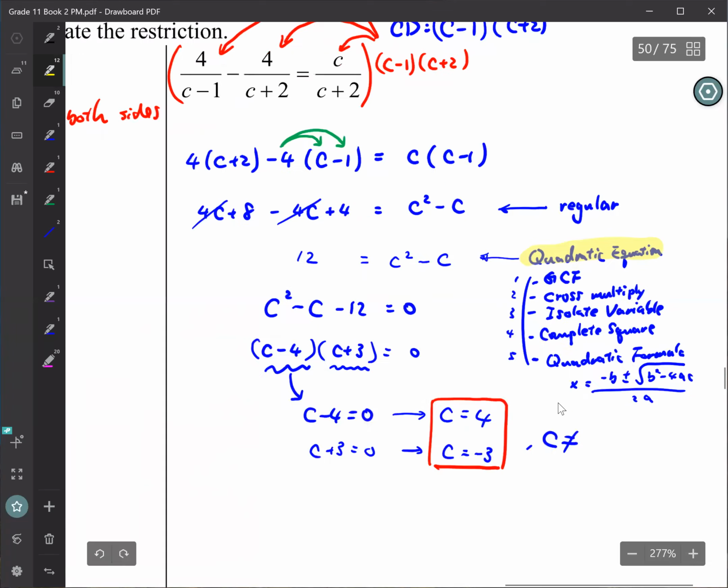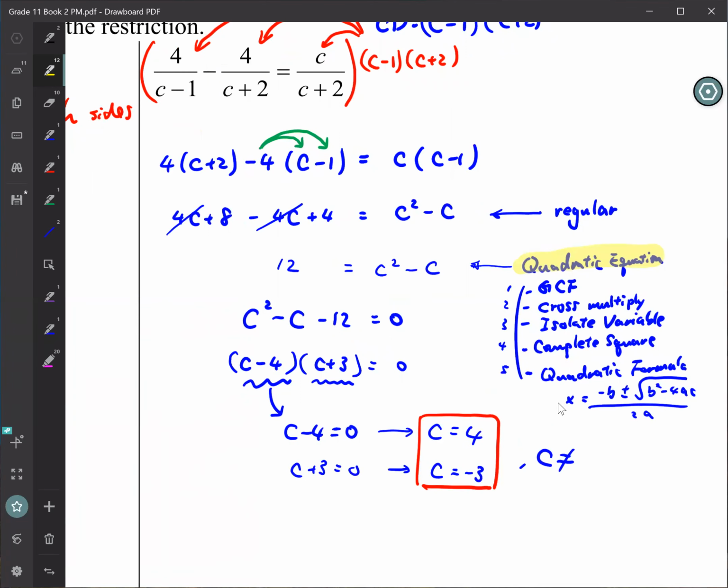Where did you get it from? I'm trying to find the denominator. Where do you see denominator? The only place that has denominator is where? The question, right?